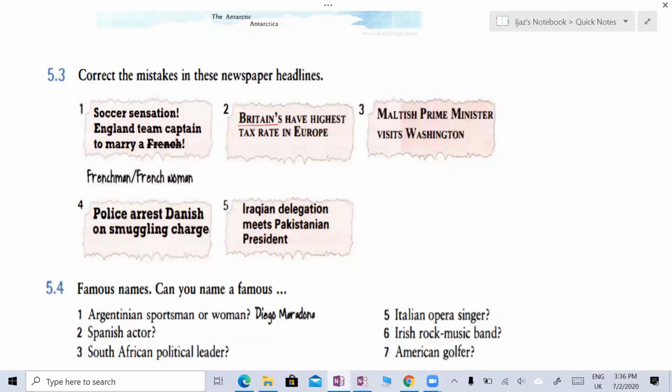Britons. Any guesses? Can we say British have highest? How will you spell it? We have already studied this word before. It is Britons, not Britain. Britons have highest tax rate in Europe. Okay, it was a spelling mistake.